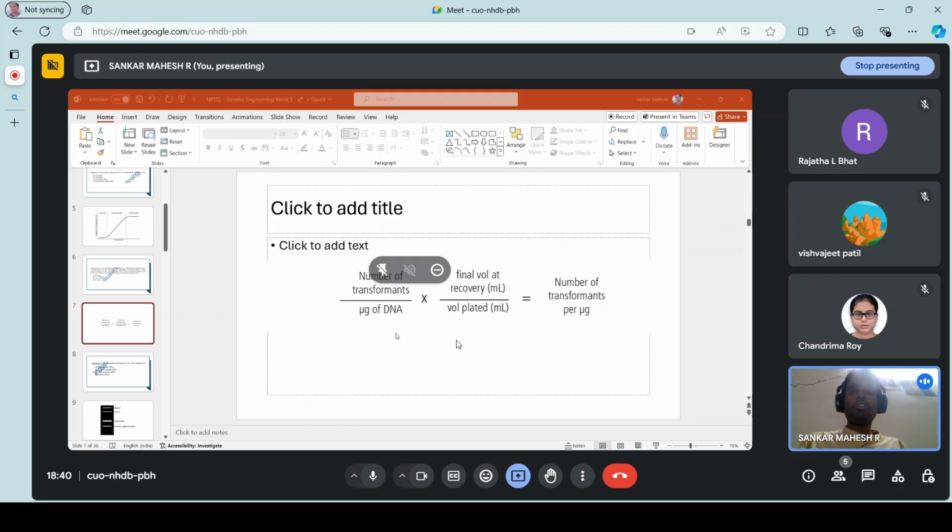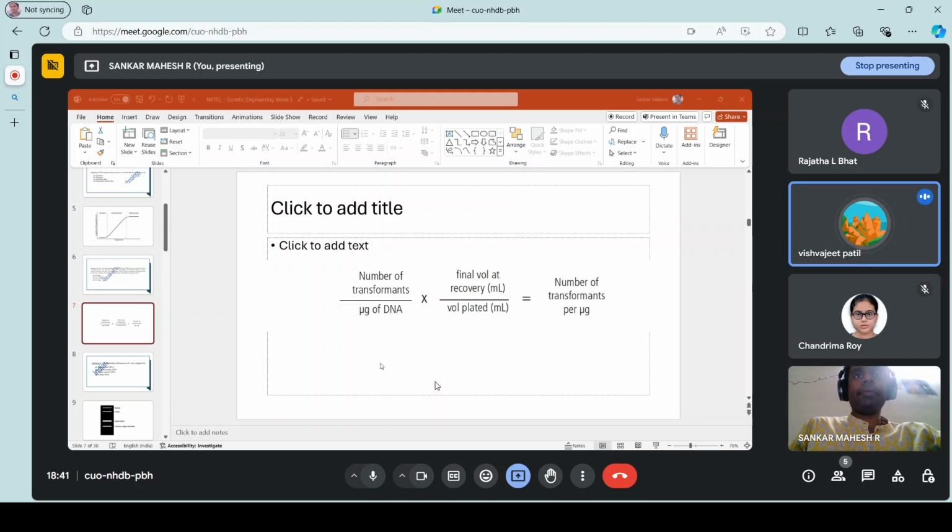So you will have here 500 divided by 0.001 into 1 ml divided by 50 microliters. Now 1 ml divided by 50 microliters is 20. And here you have 500 divided by 0.001, so that is 500 into 10 power 3 into 20. So that will give you 10 power 7.